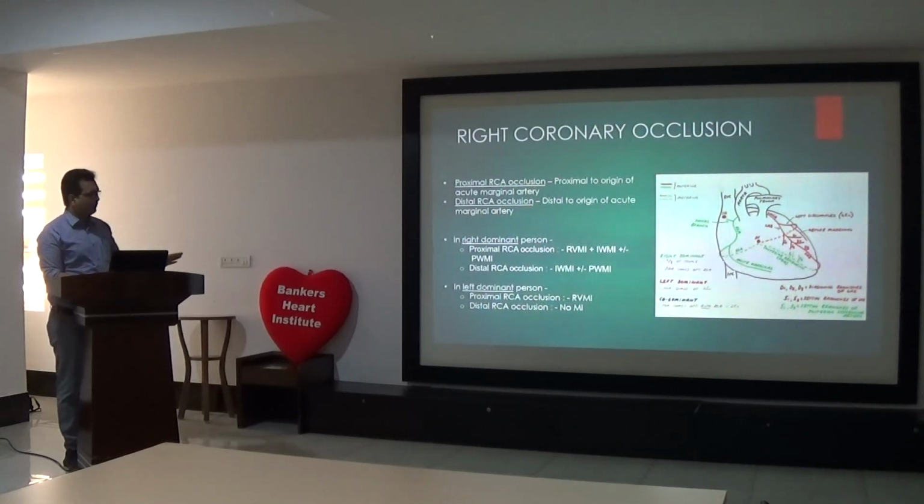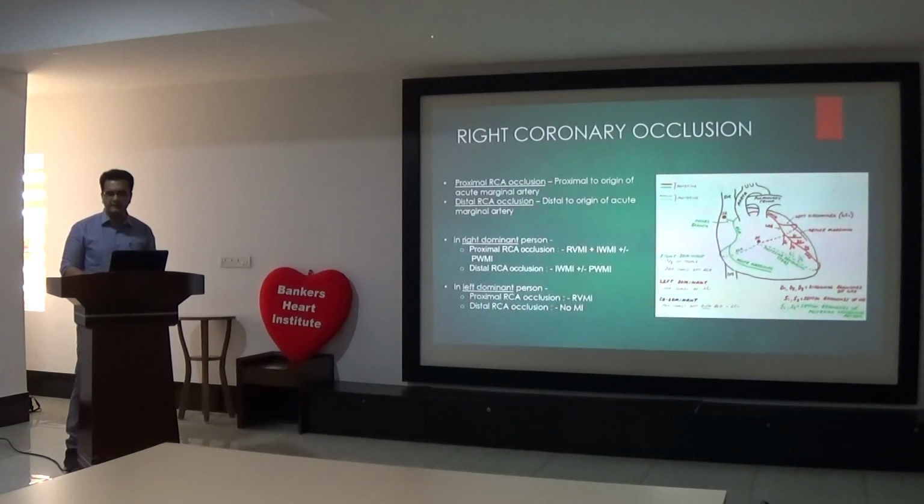So in a right dominant person, where the origin of the posterior descending artery is from the right circulation, a proximal RC occlusion before the acute marginal artery's origin will give rise to right ventricular free wall MI with inferior wall MI, with or without posterior wall MI, as the posterior wall can also be supplied by the left circumflex artery.